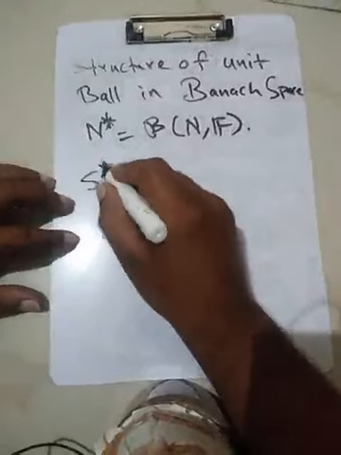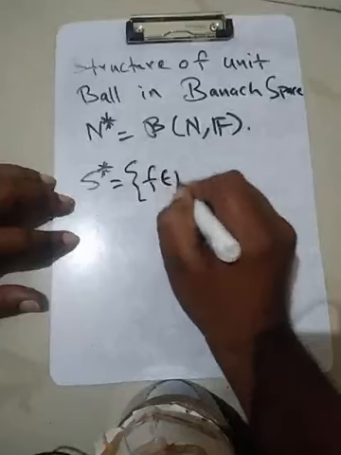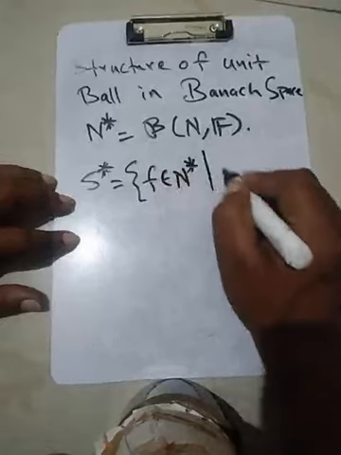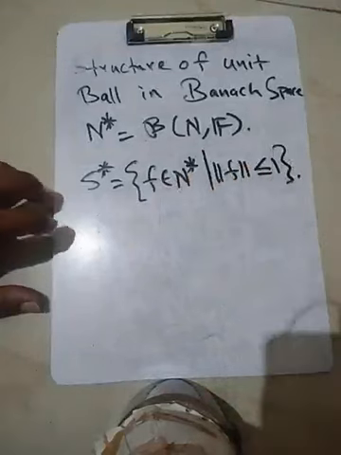So S star, the symbol used for the unit ball, is the collection of all those f belonging to N star such that the norm of f is less than or equal to 1.